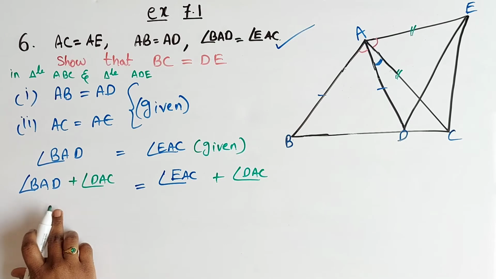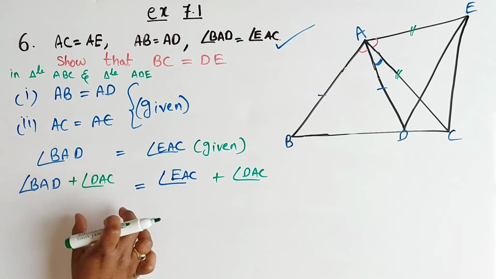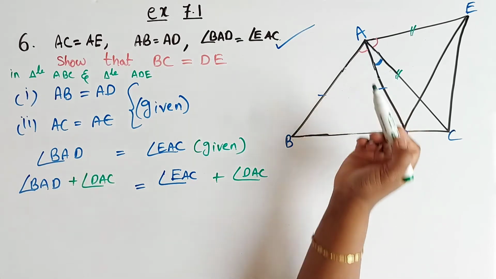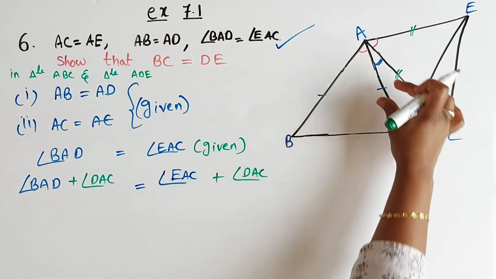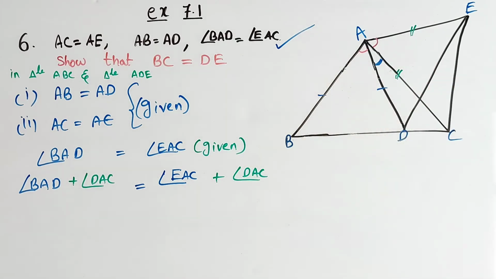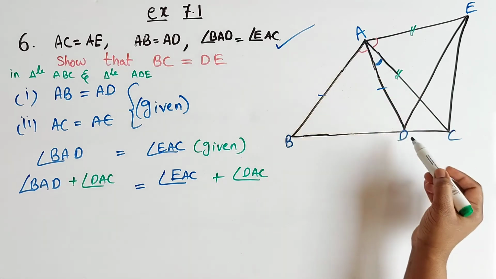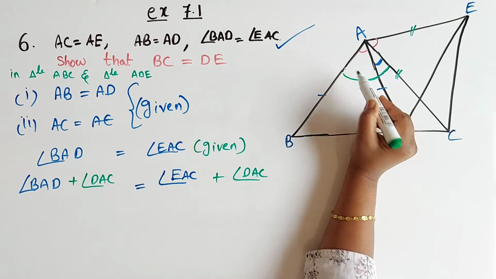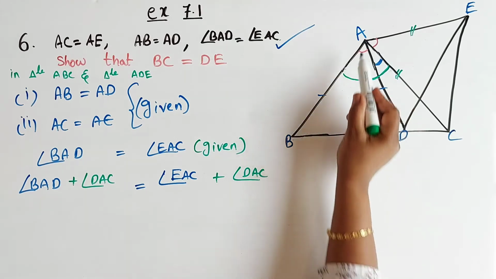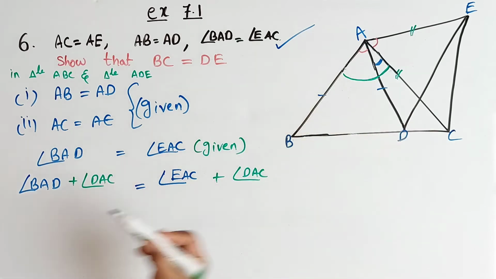So here I have written that angle BAD plus angle DAC, we are adding this small part, equals angle EAC plus angle DAC. Again we are adding the small part. Right, children? Now tell me, angle BAD plus angle DAC means this one. What is the angle? Now it became angle BAC, the full angle.